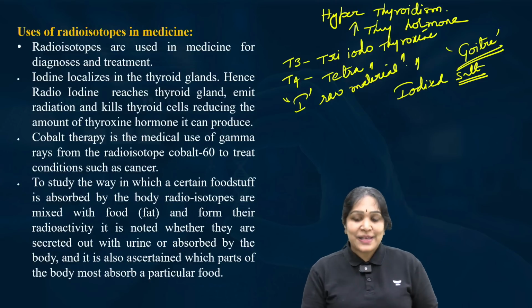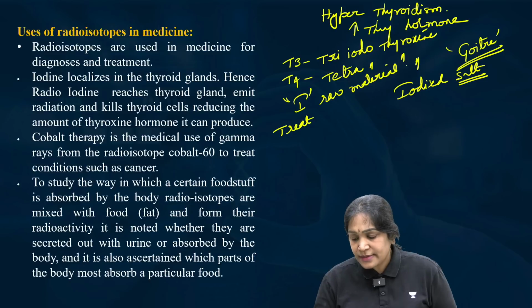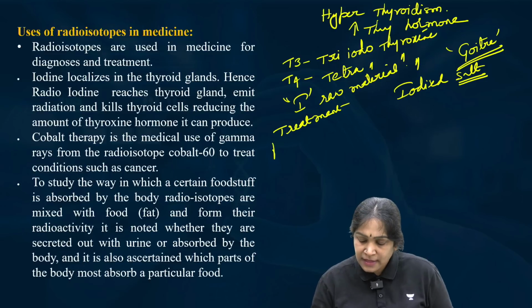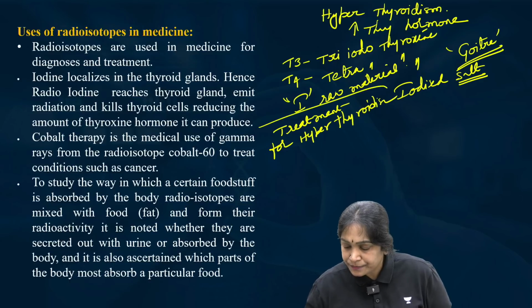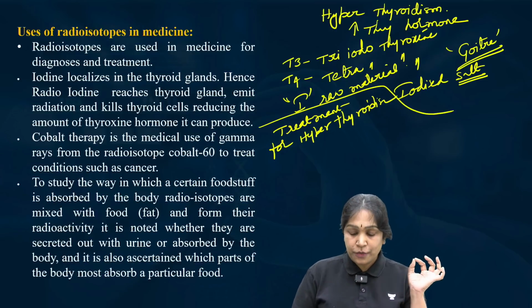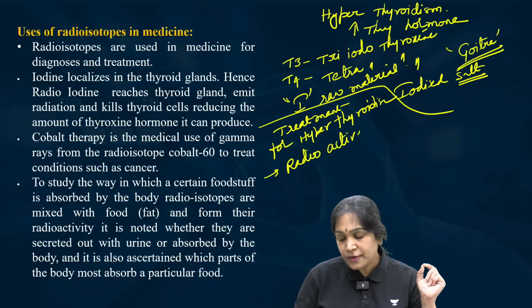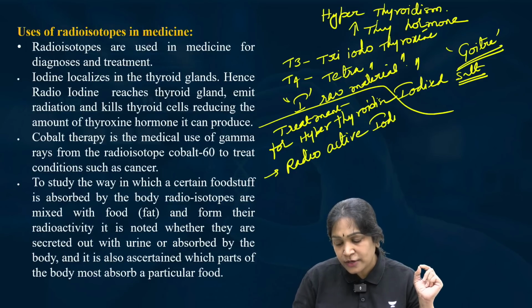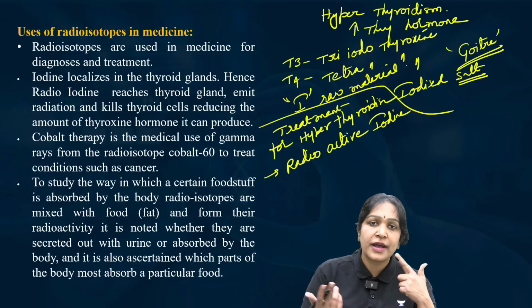Now, let us suppose I want to treat. What is the treatment for hyperthyroidism? Here what we do is we inject radioactive iodine. Is it clear? We use radioactive iodine, not normal iodine, heavy isotope of iodine.